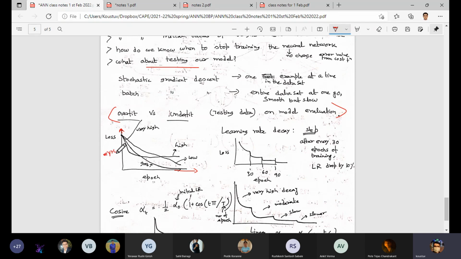Now, if you start with a very low learning rate, of course the error function and the loss will fall, but ultimately we actually want the loss or error to be close to 0. Ideally that is what we would like, and that would be counted as the best model or best performance.